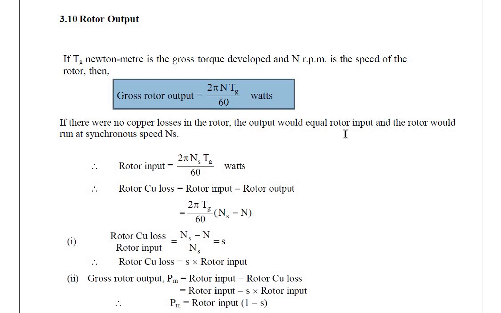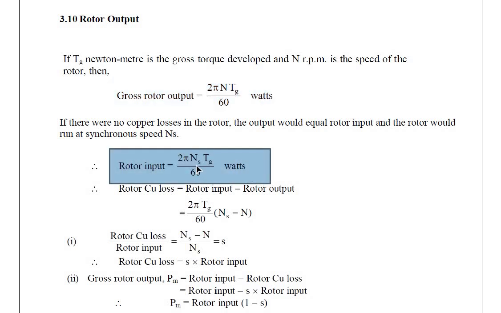That's why the motor will not run at the synchronous speed, but always runs below it. Now, rotor input is equal to 2 pi Ns Tg divided by 60 watts.